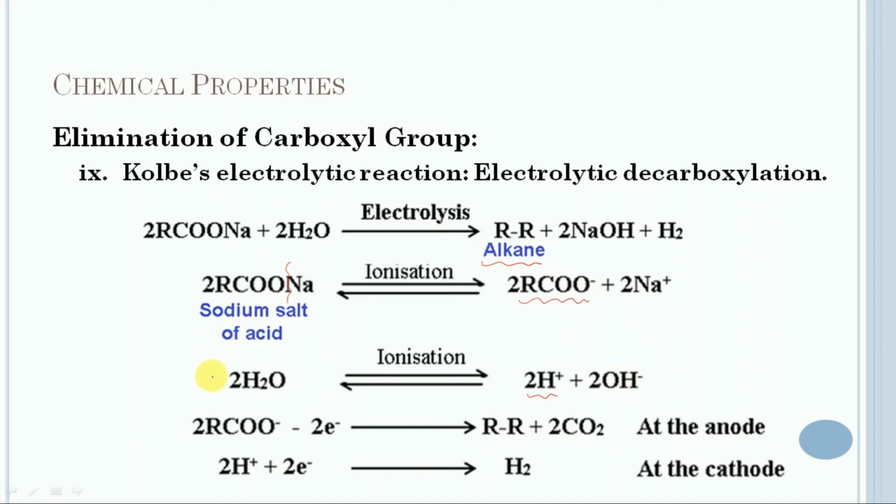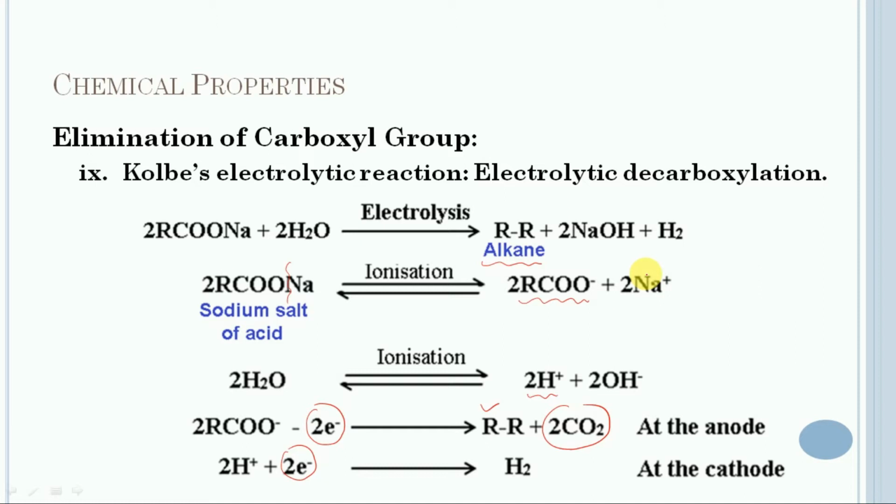So reaction take place at anode. In this case the carboxylate ions, it will lose 2 electrons and 2 mole of carbon dioxide to form the hydrocarbon, and at cathode the proton, it will capture these 2 electrons to form the hydrogen gas.